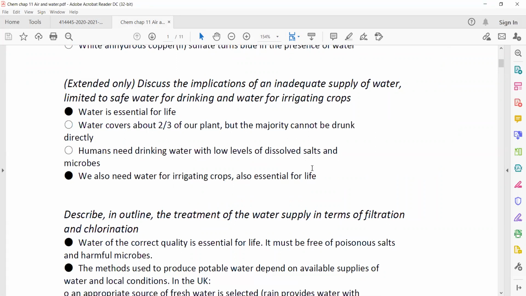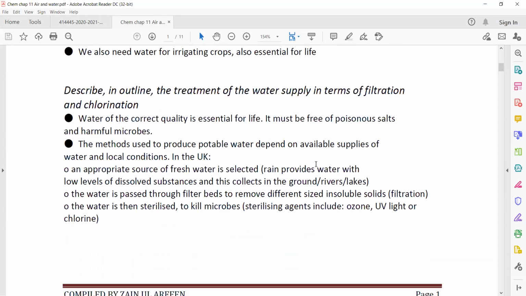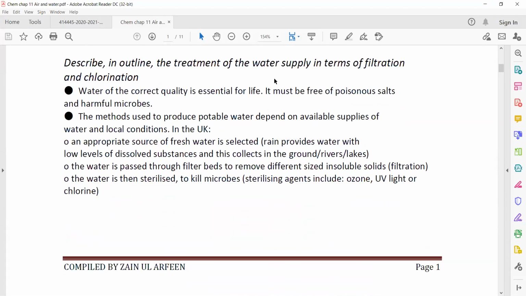Drinking water should have a very small quantity of dissolved salts. Water of correct quality is essential for life, so it must be freed from poisonous salts and harmful microbes.